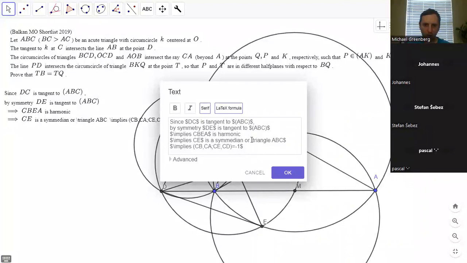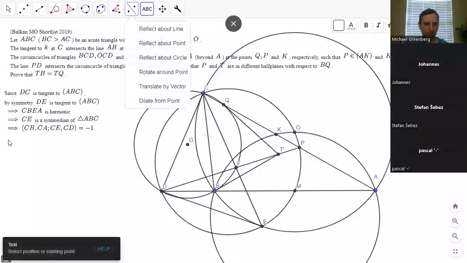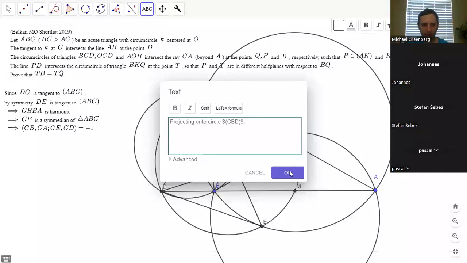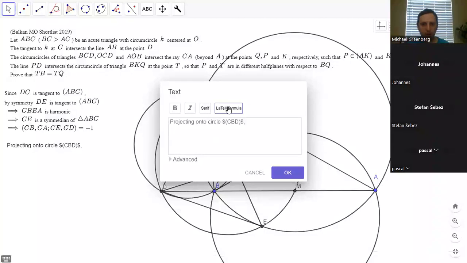Projecting on circle CBD, basically we have CDBF is harmonic.